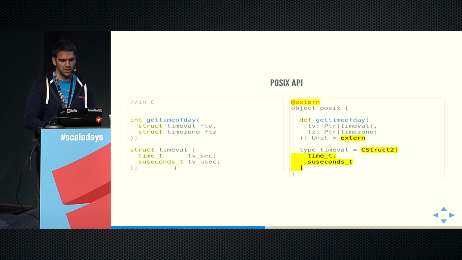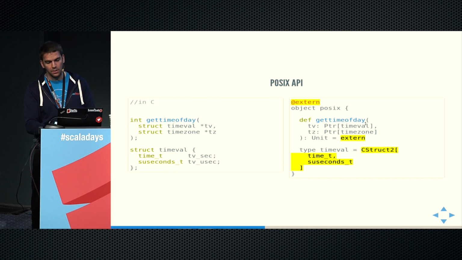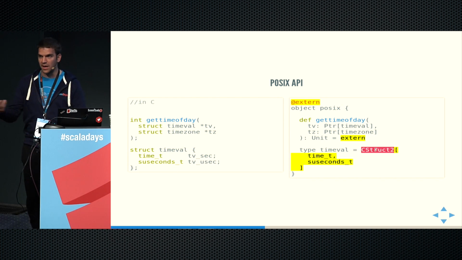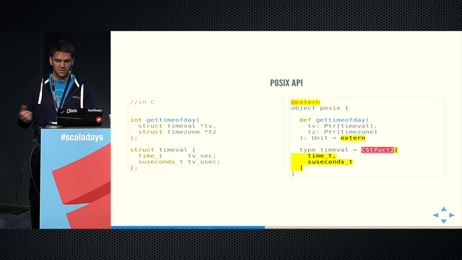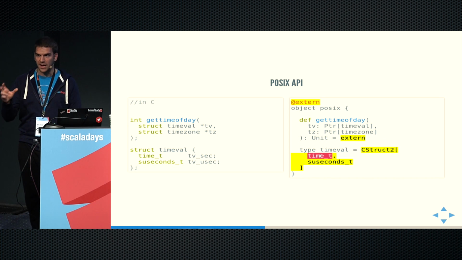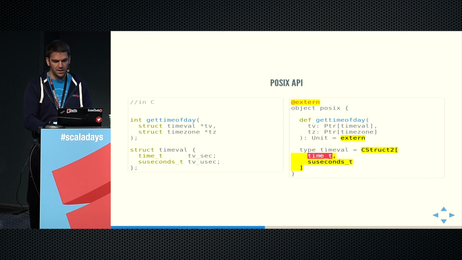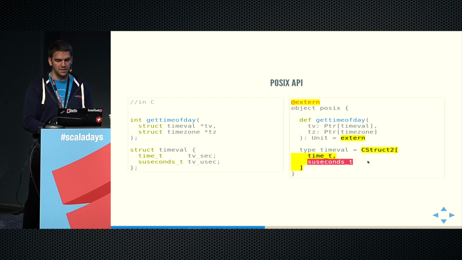It's this structure here. In Scala, we define it with CStruct N, where N is the number of types we want to pass for the fields. In this case, the structure has two fields: time_t, and the second field, which is the number of microseconds.